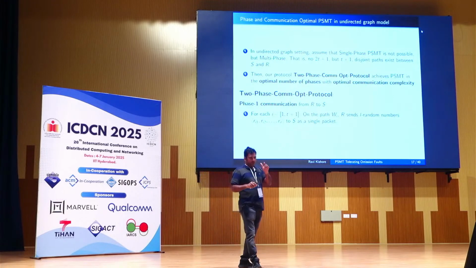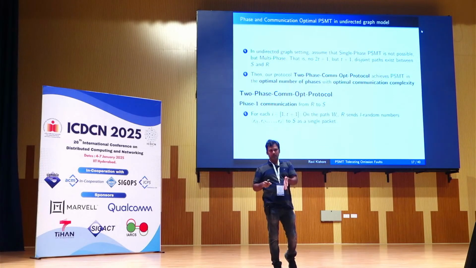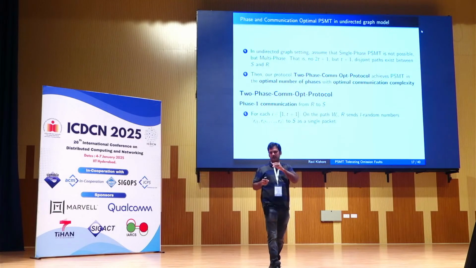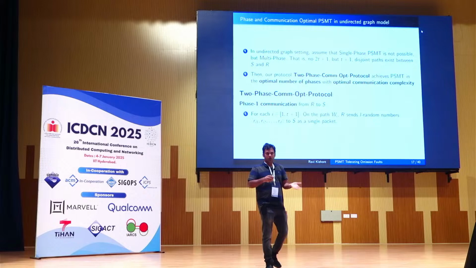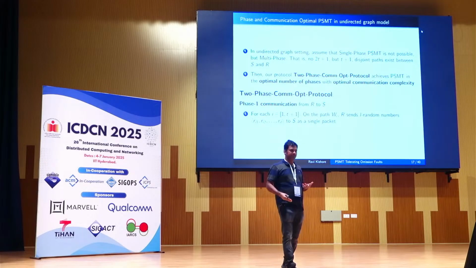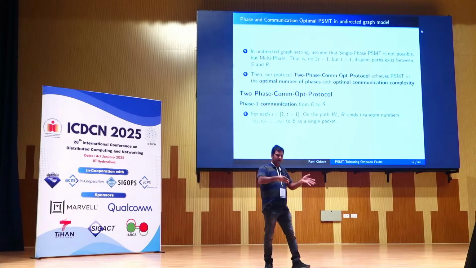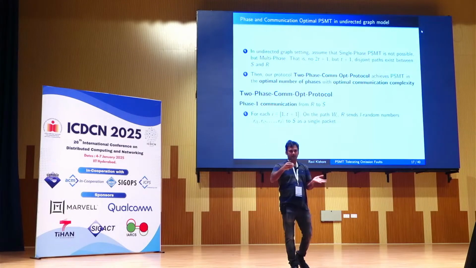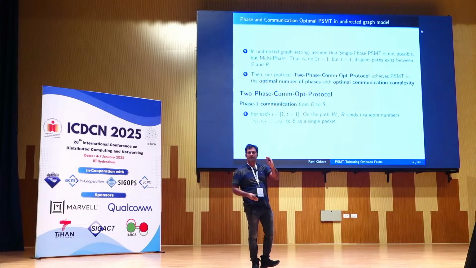So now this acts as a one-time tag, but unfortunately the sender doesn't know which one is actually fault-free or secure. The sender might have received some of these T plus 1 random numbers, but doesn't have any clue which one is secure. So the sender simply adds all the random numbers received from the receiver, and that acts as a key.